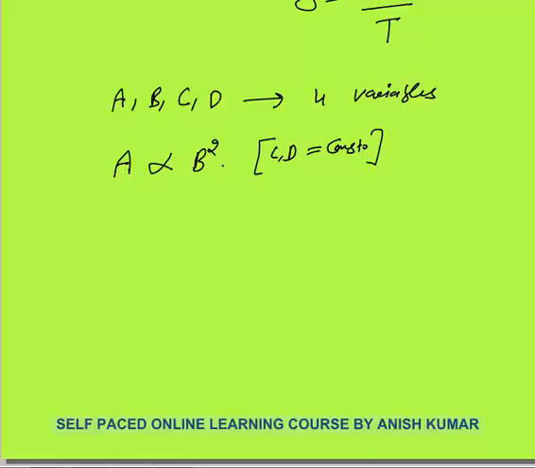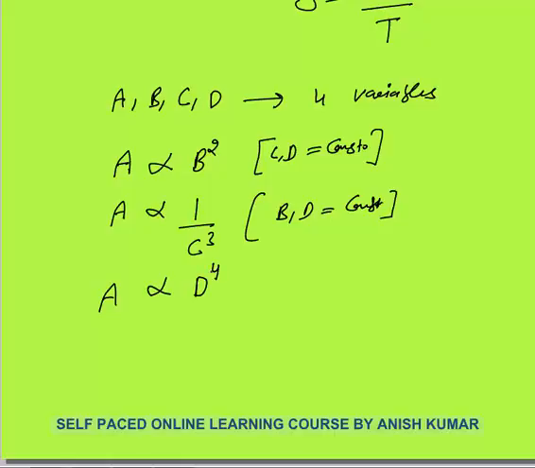So A varies with B square, C and D are constant. A varies inversely with C cube when B and D are constant. And A varies directly with D power 4 when B and C are constant. This is very important, that whenever 2 variables vary with each other, the other 2 must be constant. Now we can apply the joint variation.